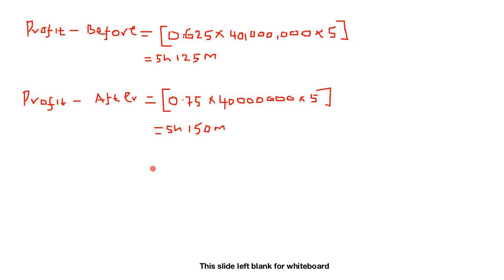My question is, has the profit increased or decreased after advertising? Because we were asked whether the profit has decreased or increased. It has increased, isn't it? After advertising, okay?